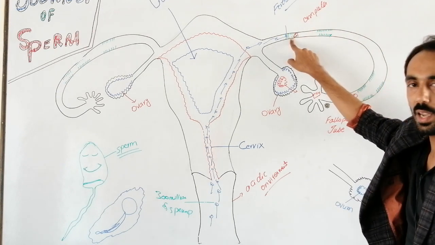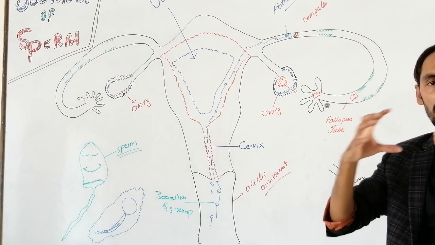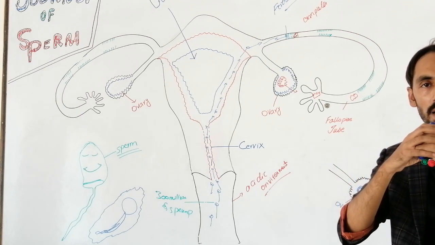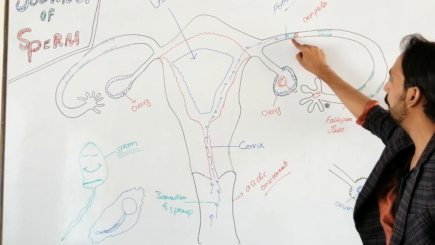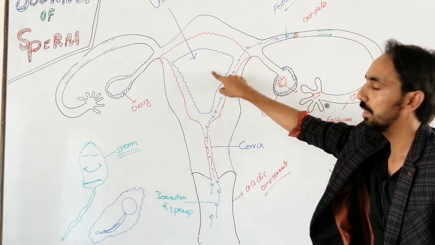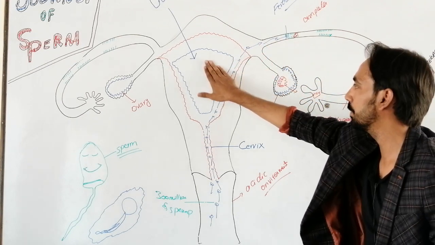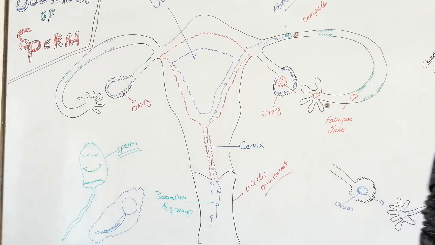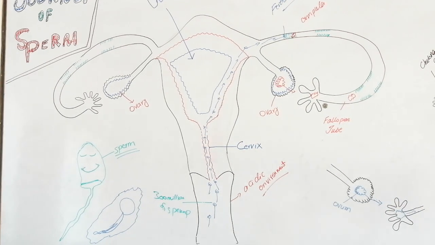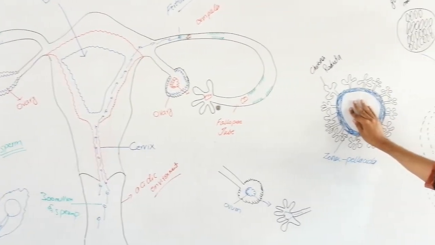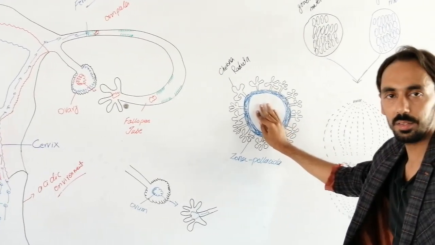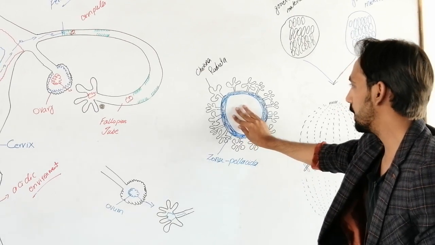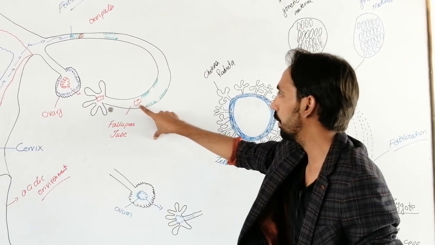Now this egg is fertilized because the sperm and the egg have met. So this fertilized egg will move towards the uterus over here, right? So let's come over here. This is our ovum, this is our egg. I'm talking about this one, right?